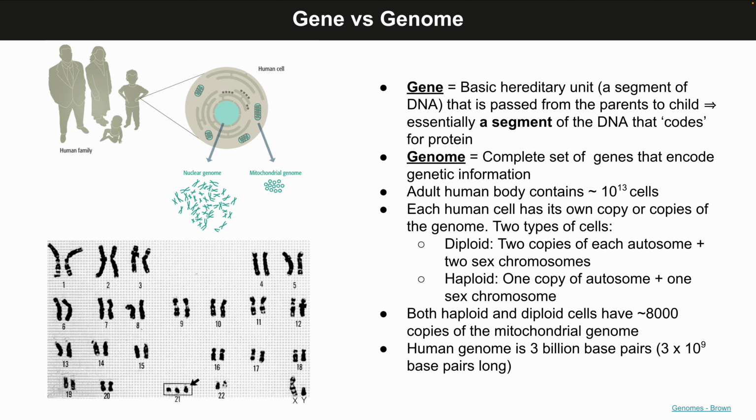Autosomes again are your chromosomes. So usually these are numbered, right? And then depending on male versus female, you will either have X or Y. How are they numbered?